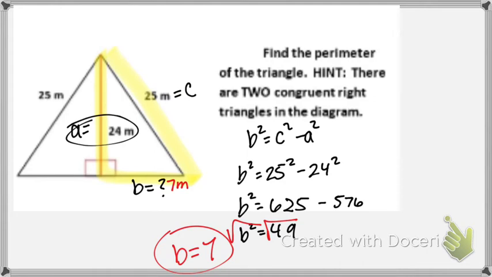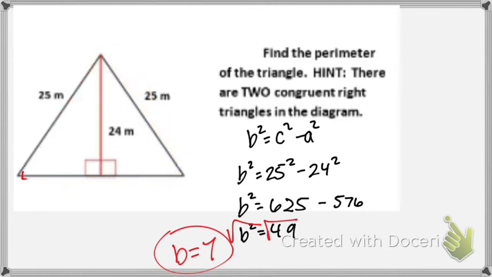Since this entire thing is 7 millimeters, and here they have the same length, that means it's the same triangle, just reflected, right? If we draw a line right here, we just reflect it across that line. So over here is also 7. Let me erase some of this stuff so that it makes more sense.